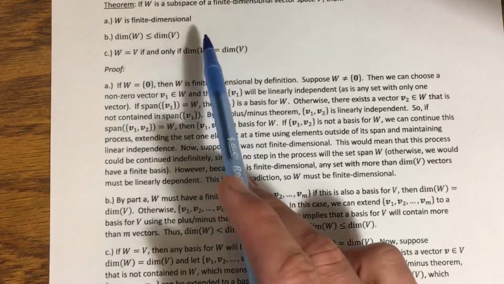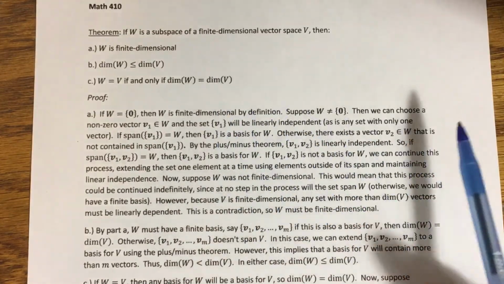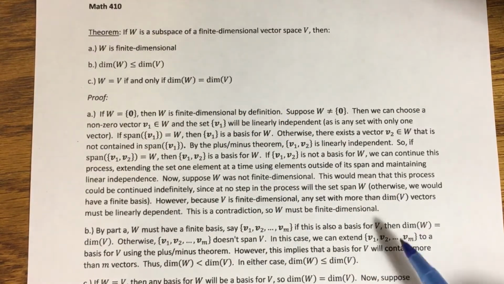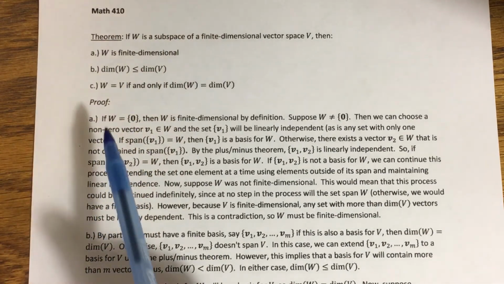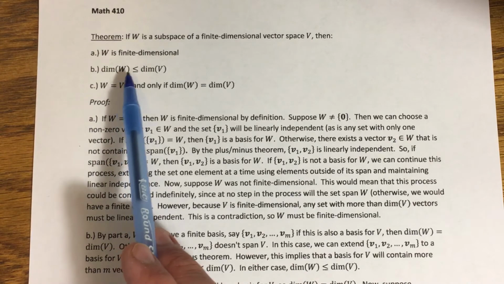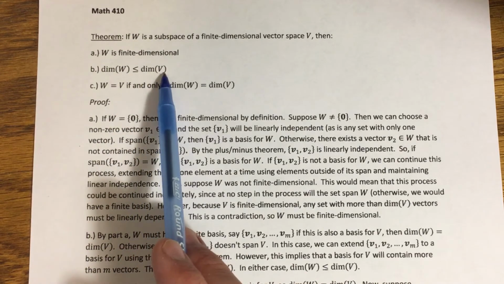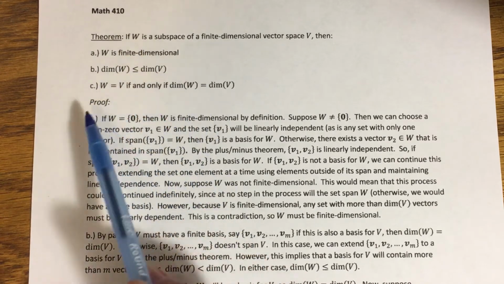So the theorem says that if W is a subspace of a finite dimensional vector space V, then W is also finite dimensional. And not only that, the dimension of W has to be less than or equal to the dimension of V. Kind of makes sense intuitively.